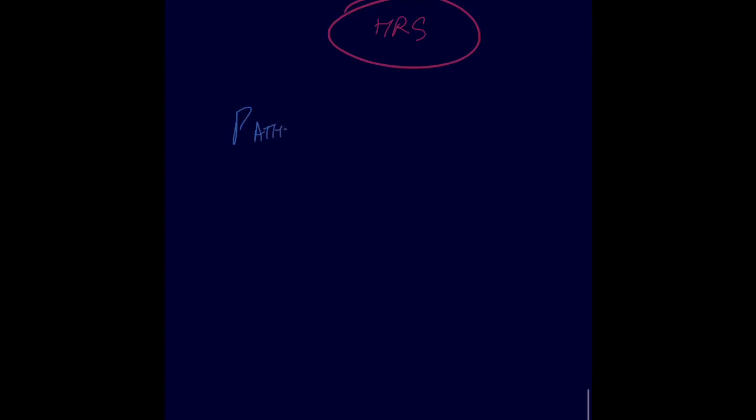So now coming on to pathophysiology, how does HRS develop? So basically this is your systemic circulation, this is your liver, and this is your spleen. This is the blood supply to the kidneys. Okay, liver, spleen, kidney, and here is your heart.